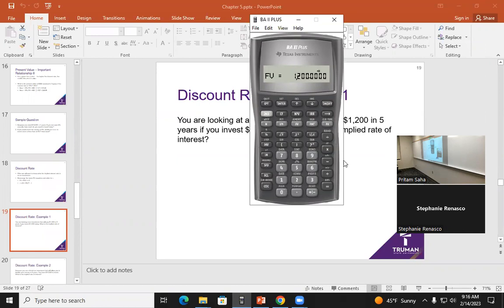Okay, then you take 1,000 and hit the negative, and then you hit plus 1,000, and then you hit I/Y. Makes sense to all?